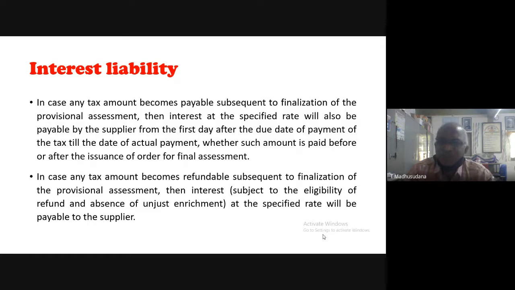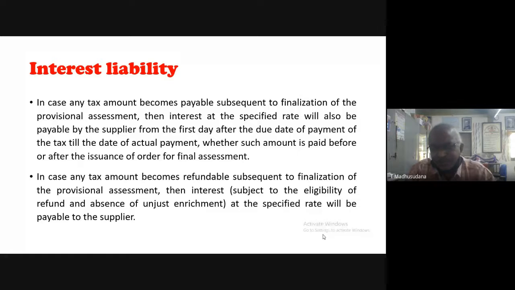The interest will be calculated from the first day after the due date up to the date of actual payment, and he has to calculate the interest and pay it to the government.